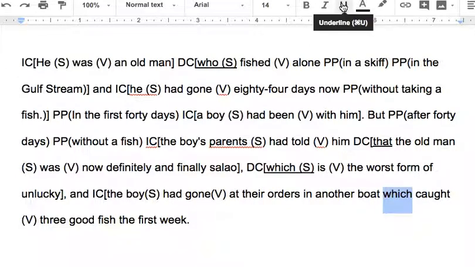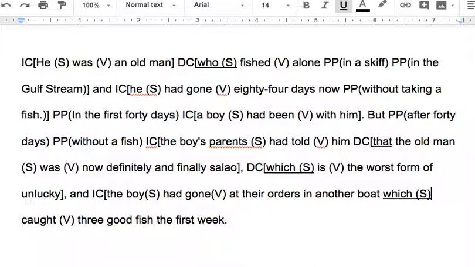We're going to underline that and mark it as a subject also because it's one of our magic subordinators that can be a subject and a subordinator. Caught 3 good fish the first week. I don't see any other verbs, so let's go back and see if we can find prepositional phrases.